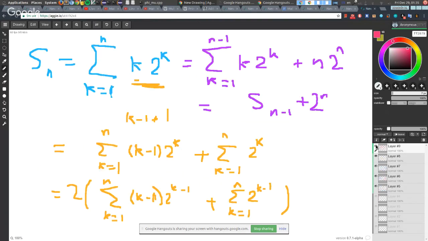And from this slide here, we can actually get the value of Sn minus 1.